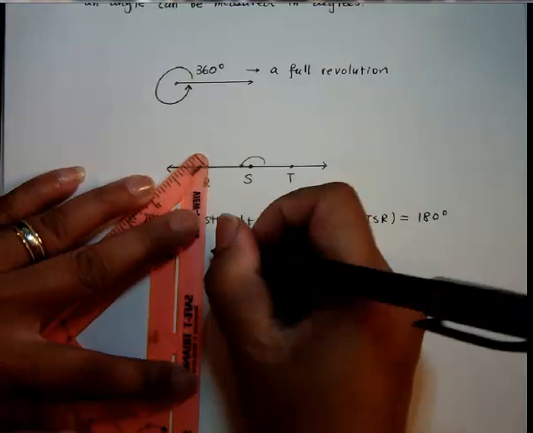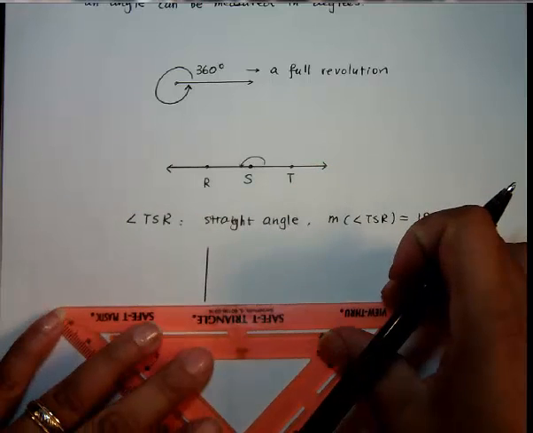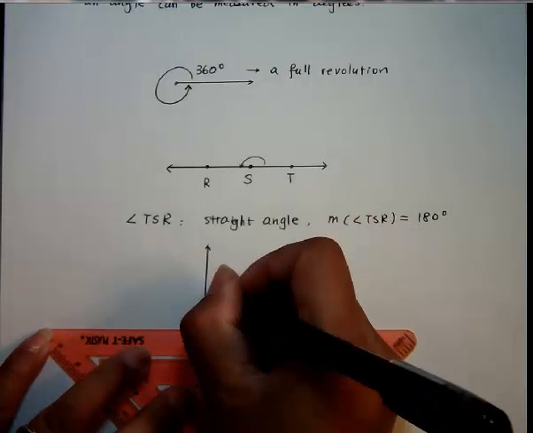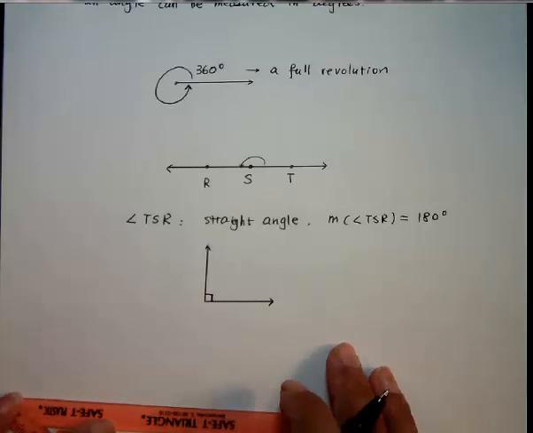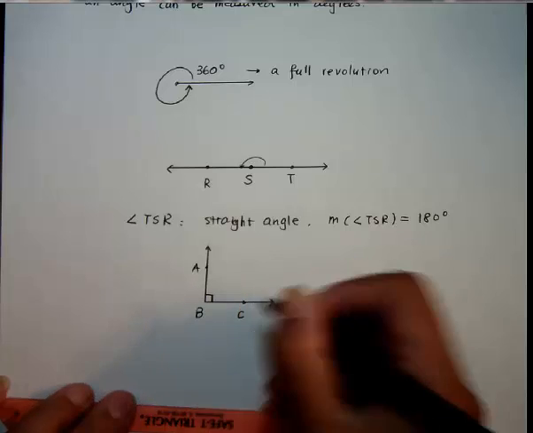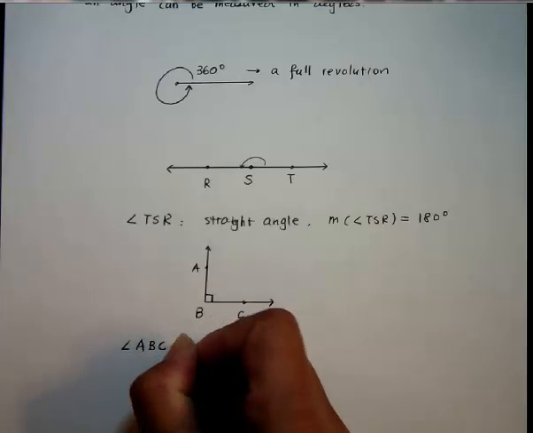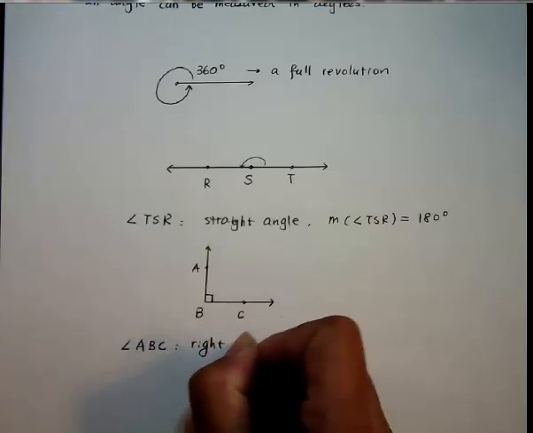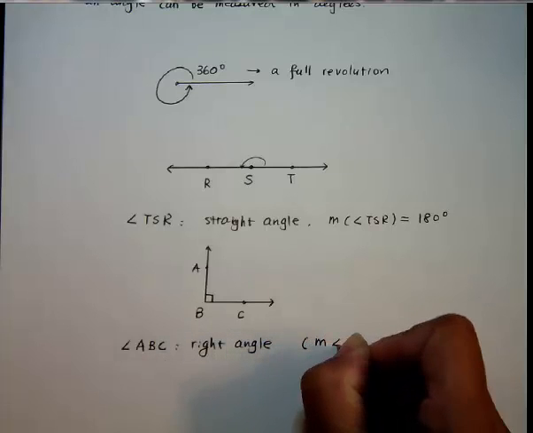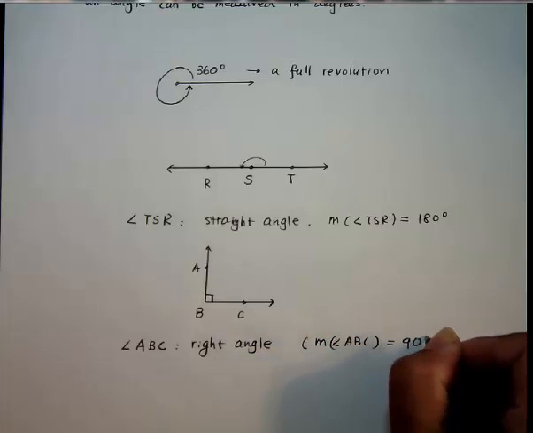A right angle is a quarter of the full revolution. Usually we use this symbol to indicate a right angle. Angle ABC is a right angle. The measurement of angle ABC is equal to 90 degrees. So that is a right angle.